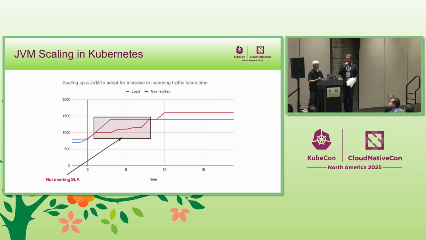Yeah, so this slide shows the blue line here. The blue line is the typical service level agreement that Kubernetes is going to expect when starting up a typical stateless app, maybe a non-Java, more modern application.